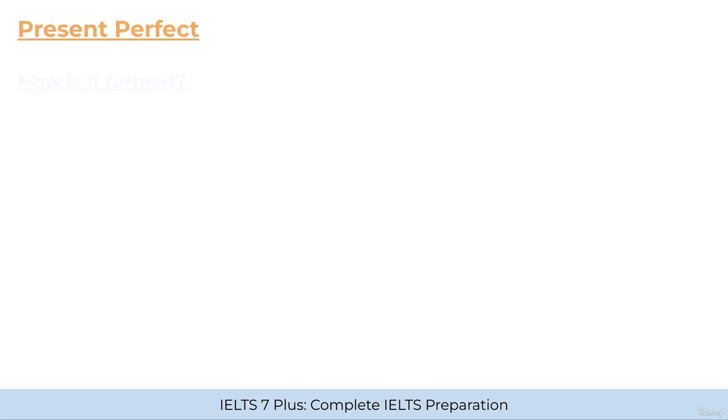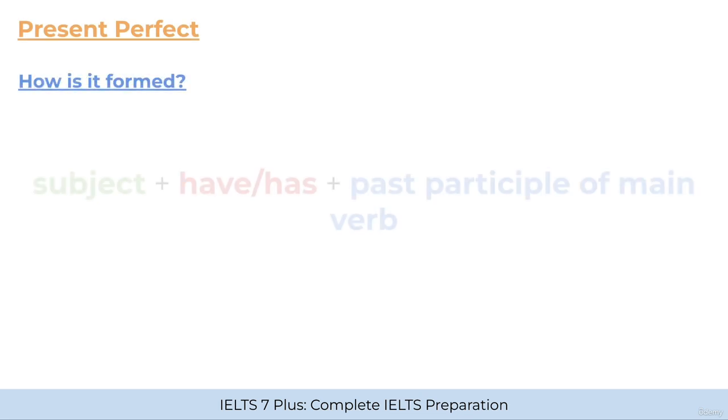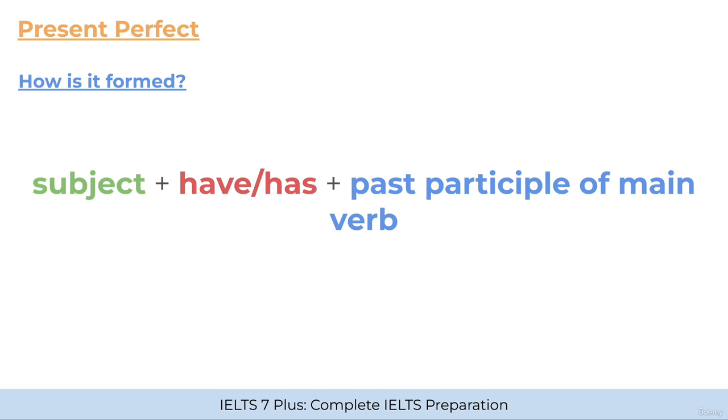Okay, jumping back to the tense at hand of the present perfect. Let's look at the equation now that we're comfortable with the past participle. So we want the subject, we want our auxiliary verb in its various two forms depending on the subject, depending on the number, and then the past participle. Okay, let's see this in action.